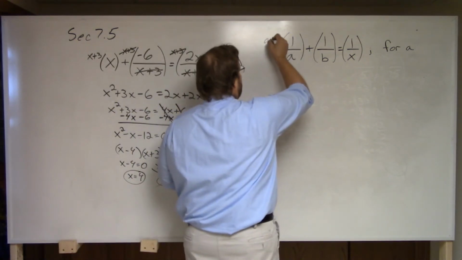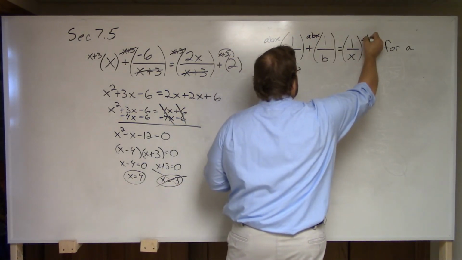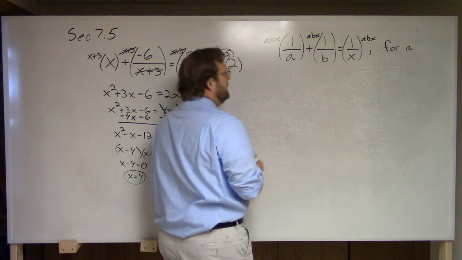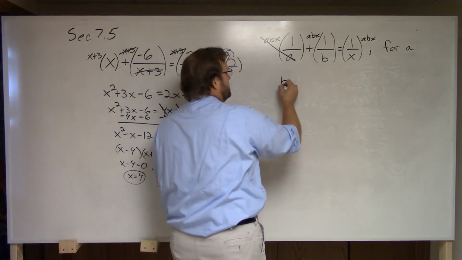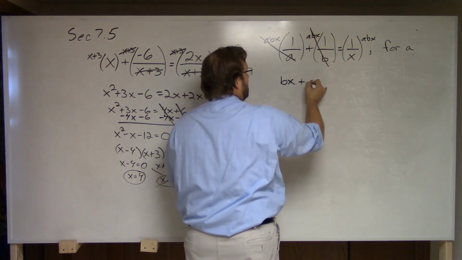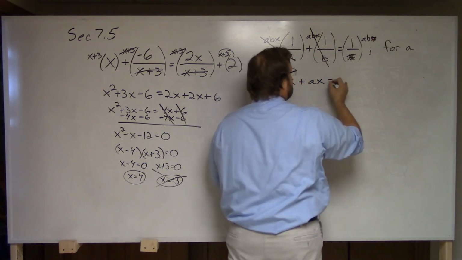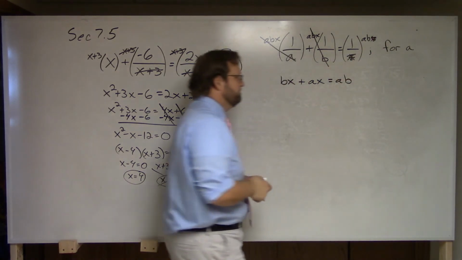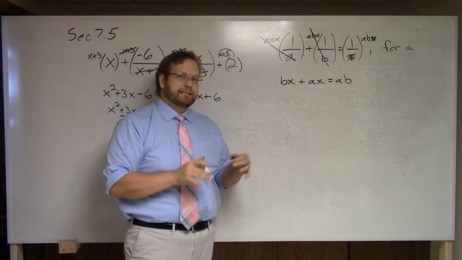So I got ABX, ABX, ABX. Now, A's are gone. BX times 1 is BX. B's are gone. AX. X's are gone. AB.